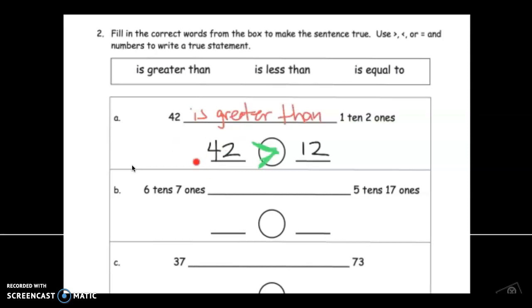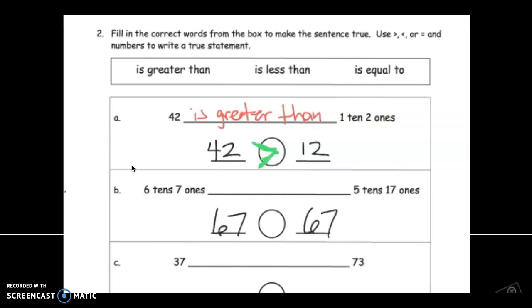And so that's how we do it. We're going to start with a number and say 42 is, and then we have to decide which phrase makes sense. For example, question B, we've got 6 tens, 7 ones, so that's going to be the number 67.